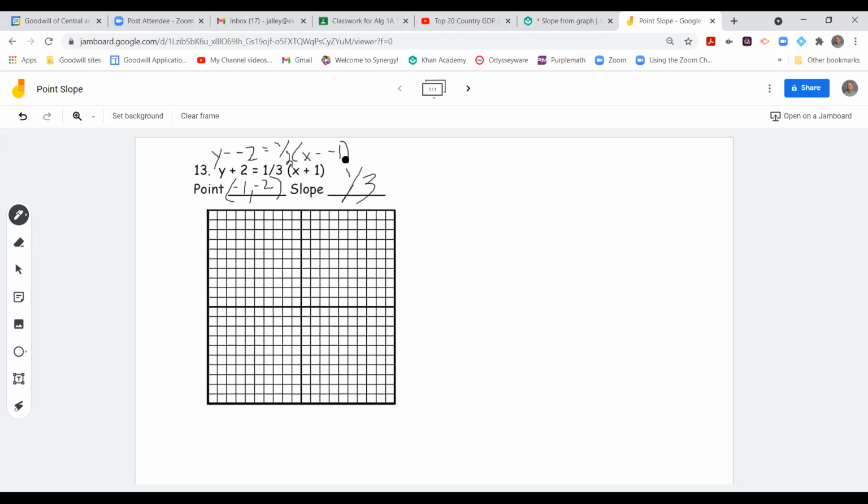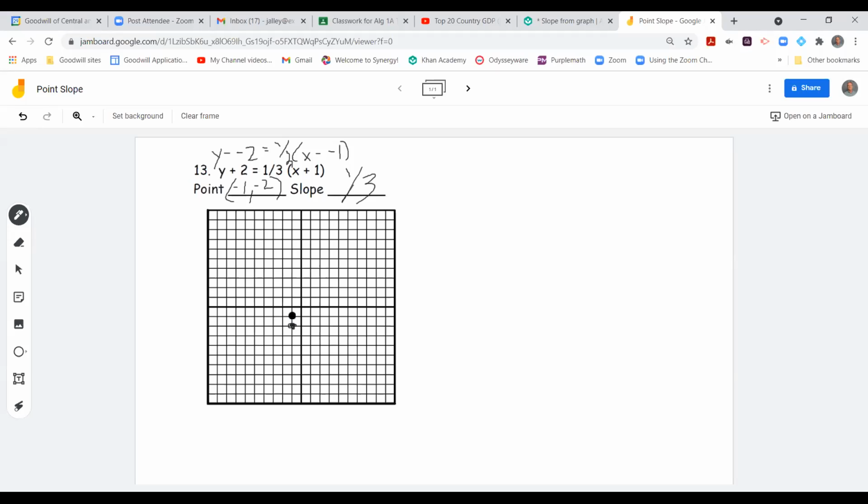So I've got a point and I've got the slope. Anything else I need to graph? Nah. I can start at this point. -1, left 1, down 2. It's right there. Now positive slope, my line's going to go up to the right.